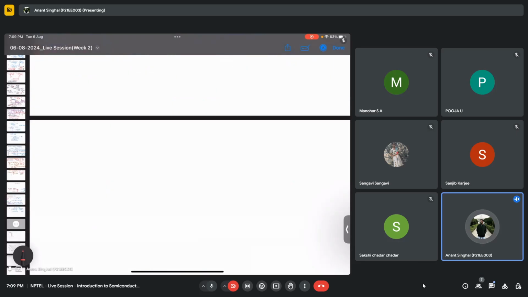Let me try to give you one more question. So again, you need to determine the position of the Fermi level. I have an N-type silicon at room temperature.